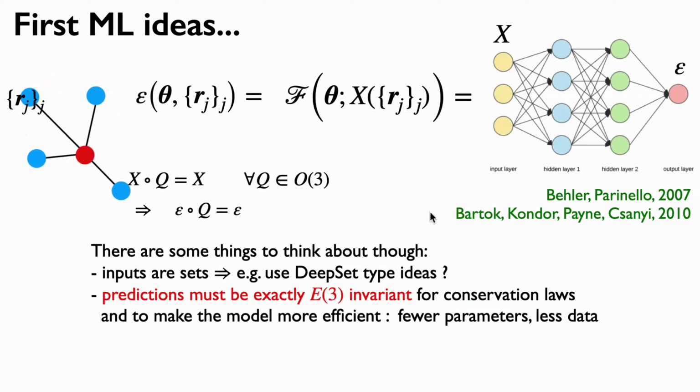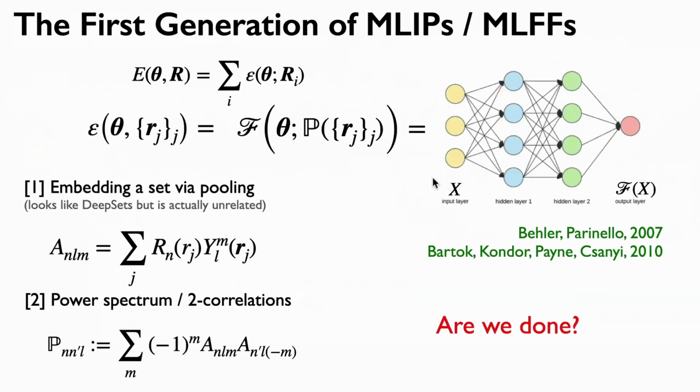And I think the first big steps were made by these 2 papers here. In essence, what they did is the following. I'm saying in essence because in practice how it's actually implemented in these 2 is different. But essentially they use what's called the power spectrum of the atomic environment. What you do is you embed the particles.